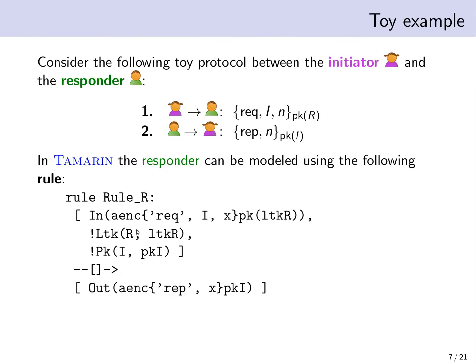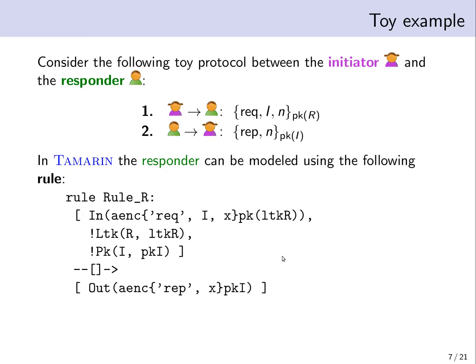These other two facts here are used to look up the long-term key of the responder and the public key of the initiator, which is necessary for the output, which is the responder's answer, so the encryption of the reply tag and the nonce using the public key of the initiator.